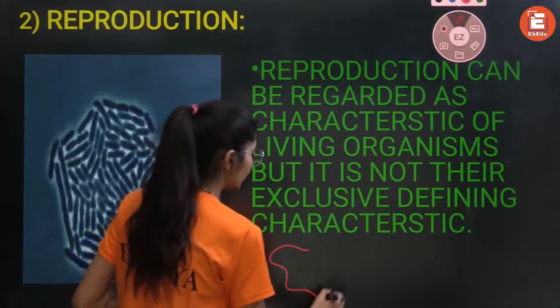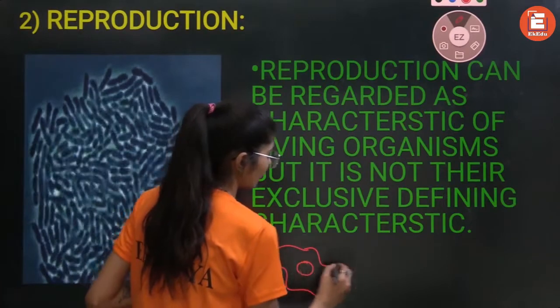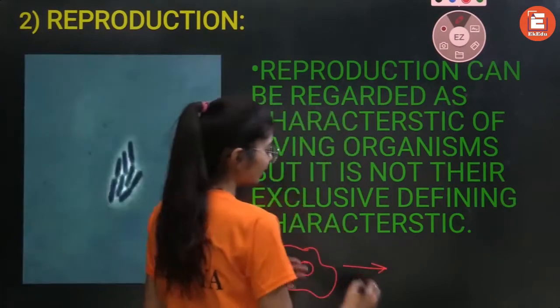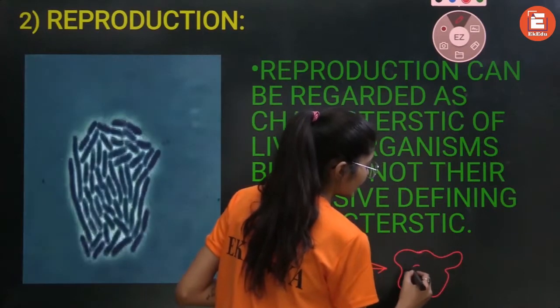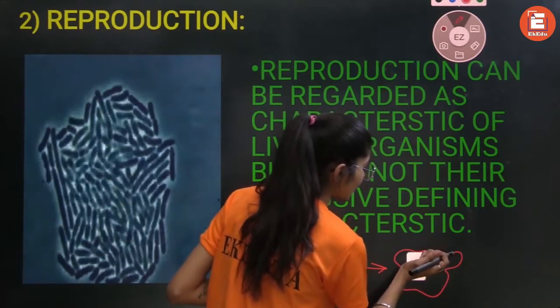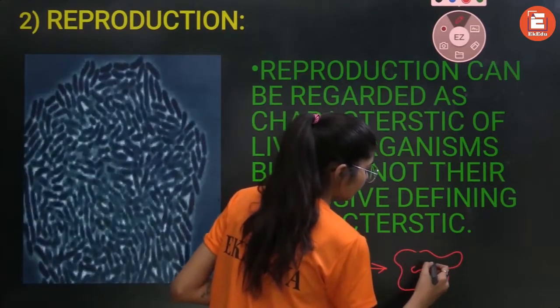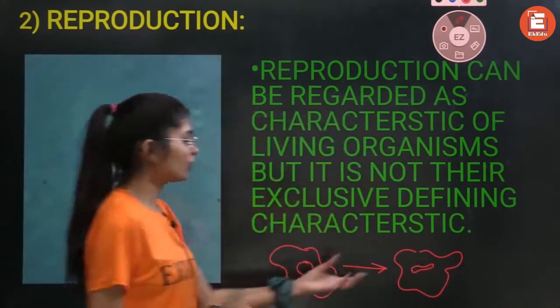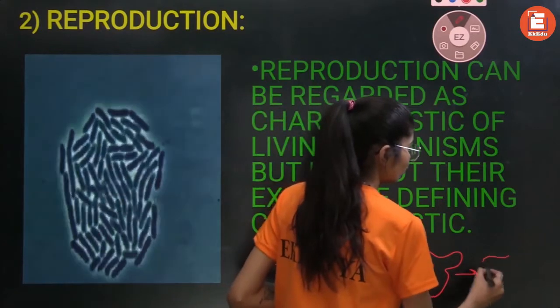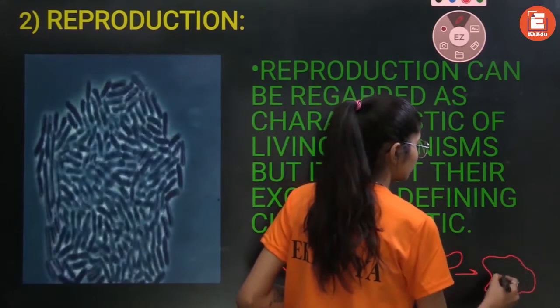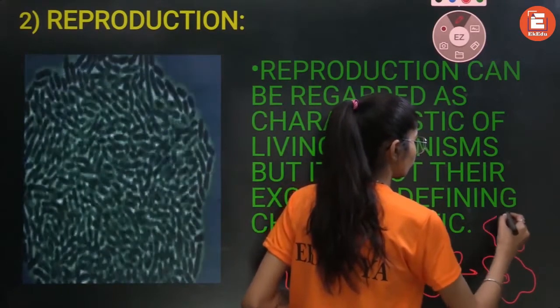For example, an amoeba. When it divides, it starts by dividing its nucleus and then forms a new amoeba, just two of them.